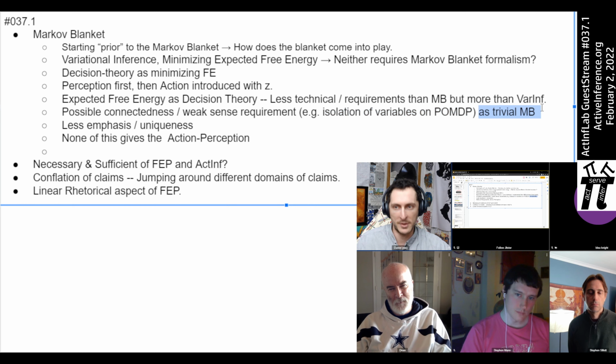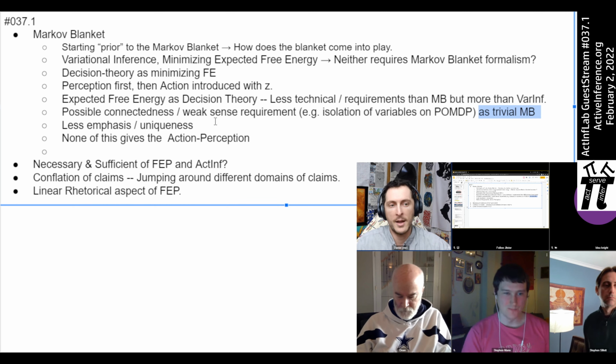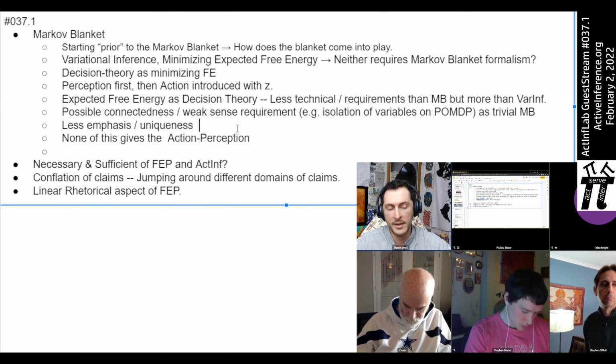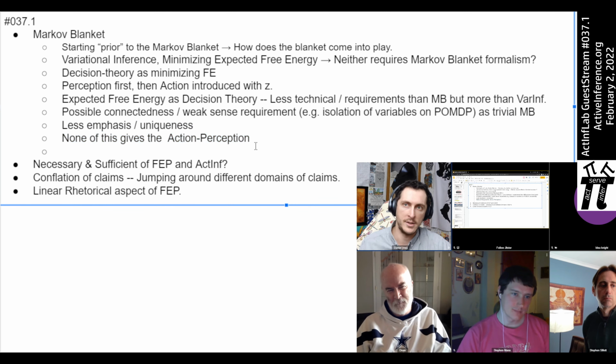So that's the trivial Markov blanket, the non-contentious one that people are not spending a lot of time and attention on.